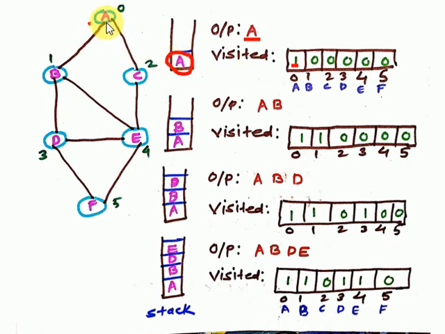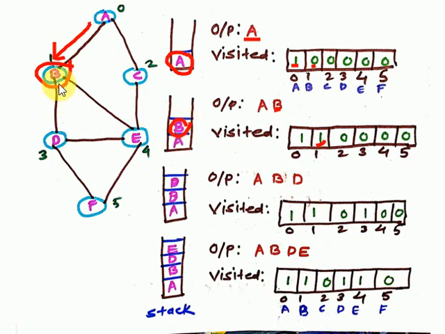Now adjacent to vertex A, there are two vertices, vertex B and vertex C. Out of that, let's say I select vertex B, I'll come across vertex B from vertex A. Now here vertex B is not visited, so I'll mark vertex B as visited. I'll print the vertex B and I'll push vertex B onto the stack.